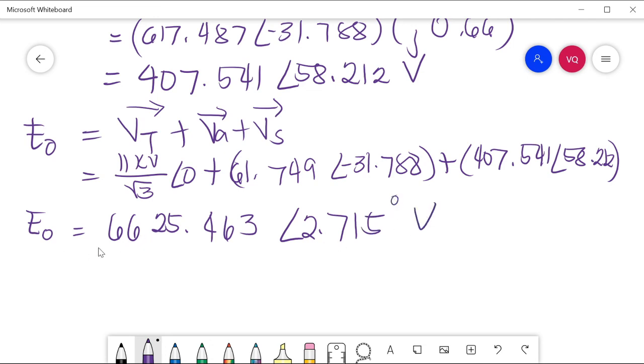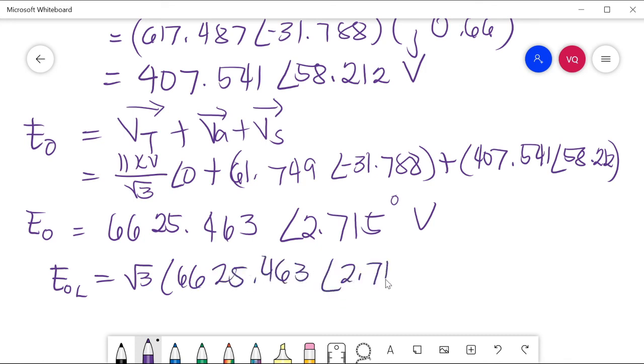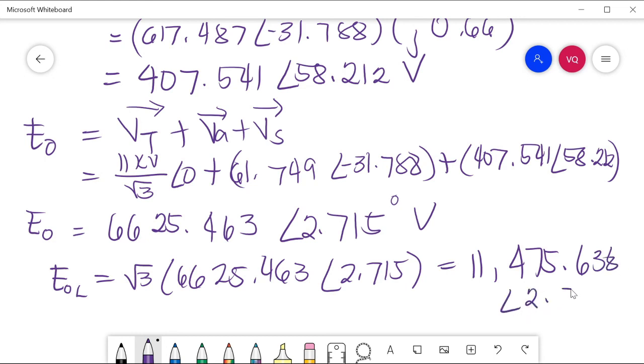The required in our problem is the line-to-line voltage at no load. So EO line is equal to square root of 3 times 6,625.463 angle 2.715. That is equal to 11,475.638 angle 2.715 degrees volts.